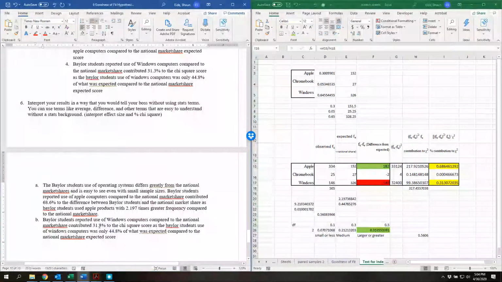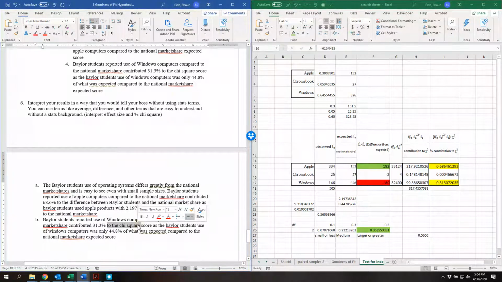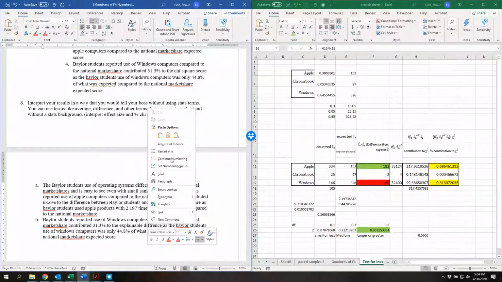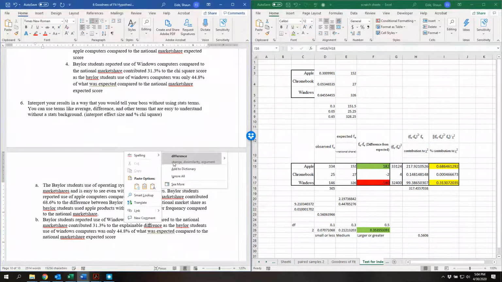Same thing down here, national market share contributed to the explained difference. There we go, difference.